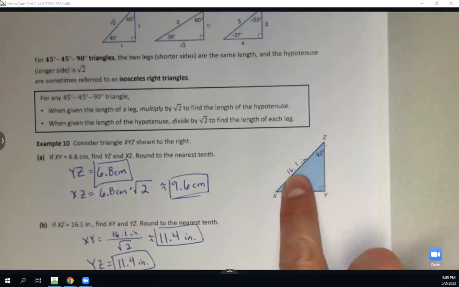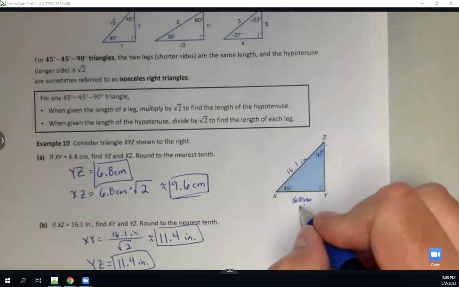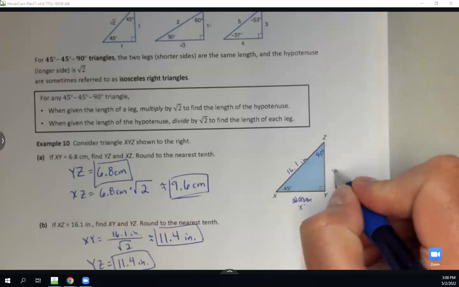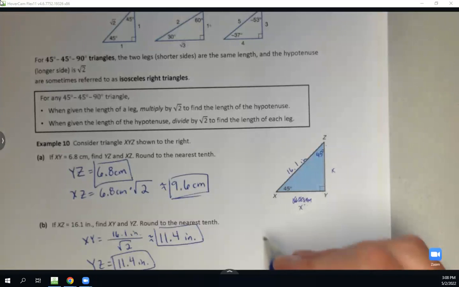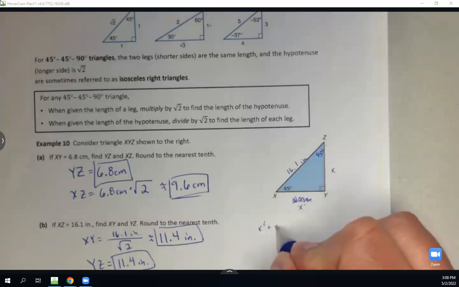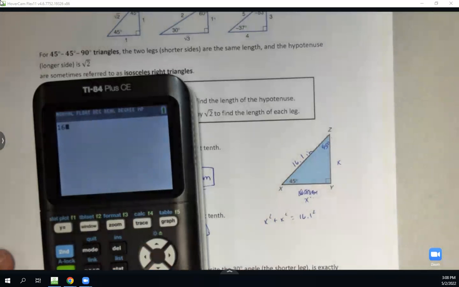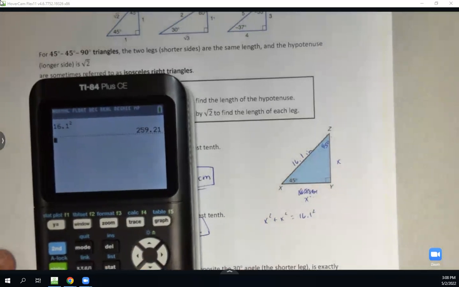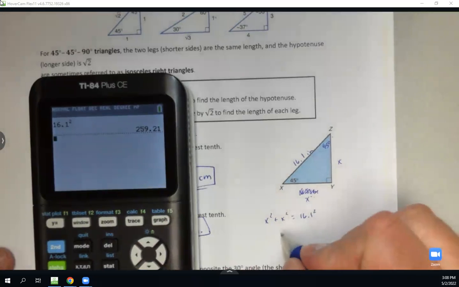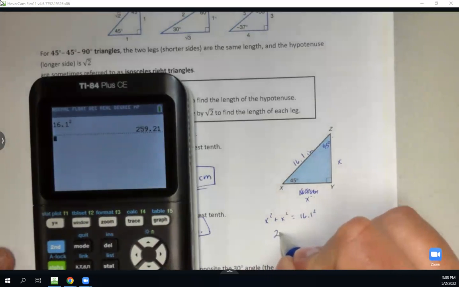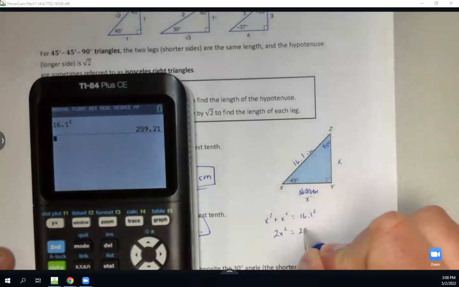Likewise, if you know this is 16.1, then this would be, say, x and x, they're the same thing. So x squared plus x squared would equal 16.1 squared. Well, 16.1 squared would be 259.21. So on the left side, I have 2x squared, and that equals 259.21.